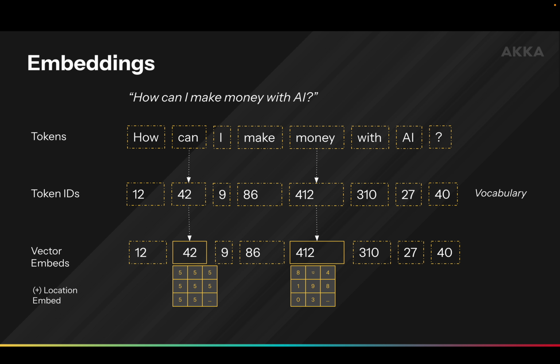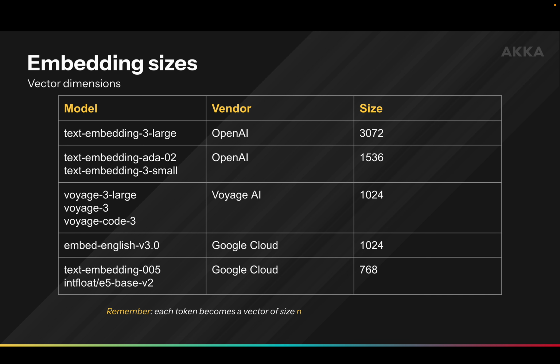And so in many cases, what happens is the vector that was generated for that token, we add another vector to it that tells us where the token was within the prompt. So I'm not going to go through all of these, but the key takeaway here that I wanted to mention is that this is not just a few dimensions.